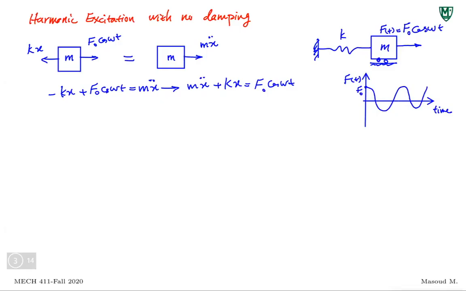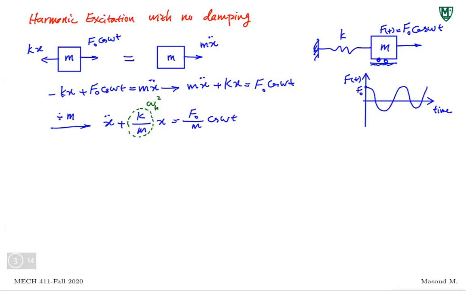Right. Now I'm just going to rewrite this equation of motion a little bit. It helps us get a better sense of the system response when we write it as a function of natural frequency and frequency. All I'll do is divide both sides of this equation of motion by m. So the first part becomes x double dot plus k over m x is equal to F naught over m cosine omega t. Now from before, I know k over m is omega n squared.